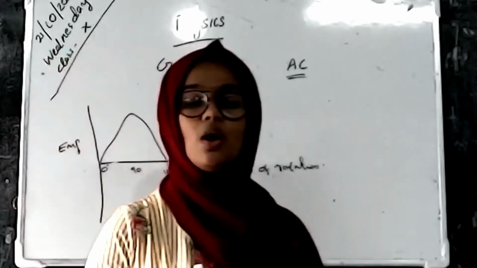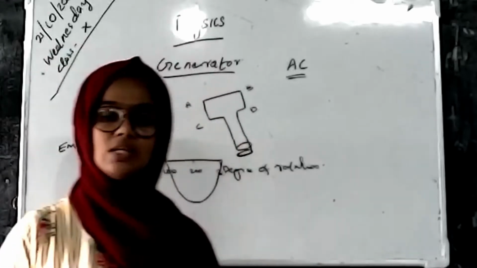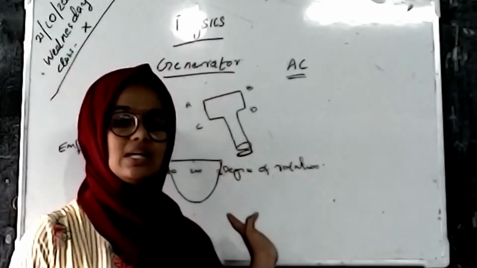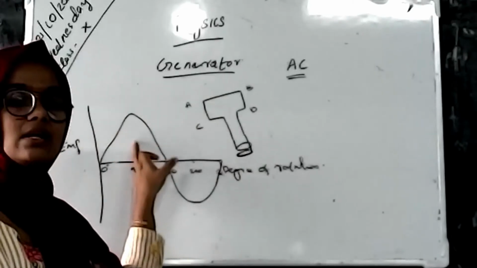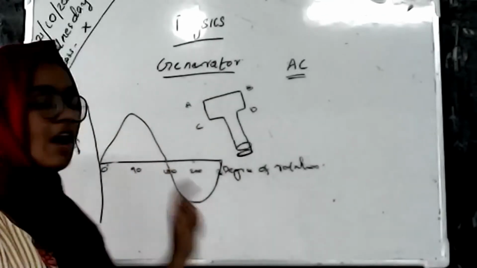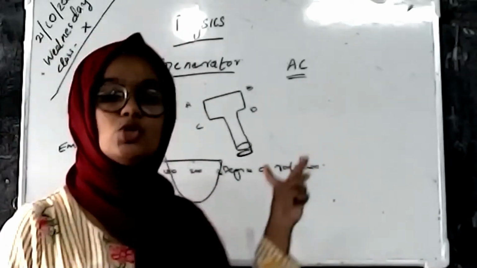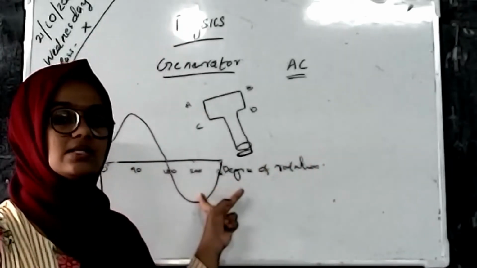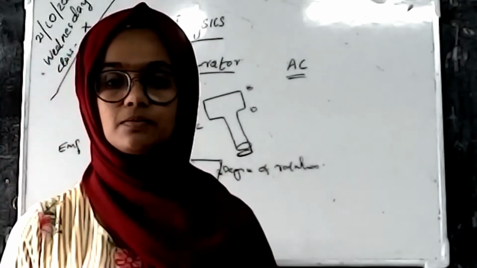So the two half cycles are in different directions. That's why the first half of the AC cycle is in the upper portion and the second half in the lower portion. These two half cycles come together to form one AC cycle.